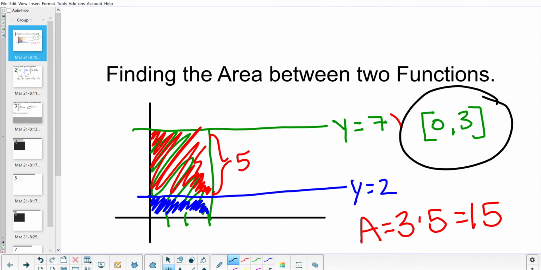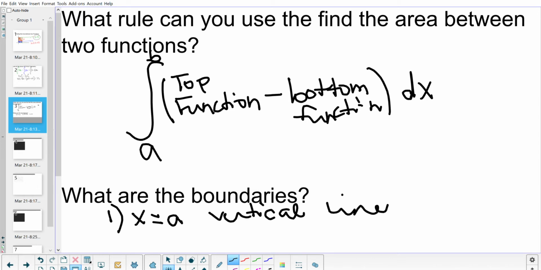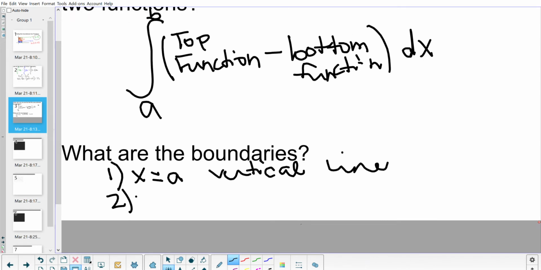Those are two vertical lines. So I actually want to write that down. What are your boundaries? 1, they could be x equals something, we'll just do a, which is a vertical line. Or probably even more often, it's going to be where the functions intersect.